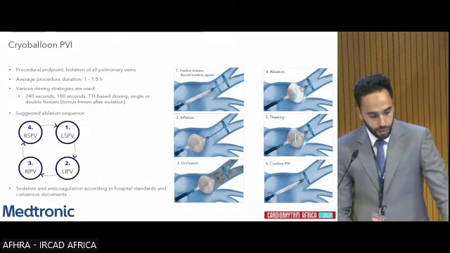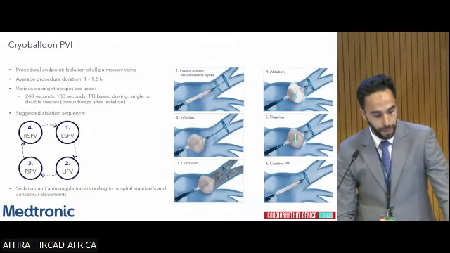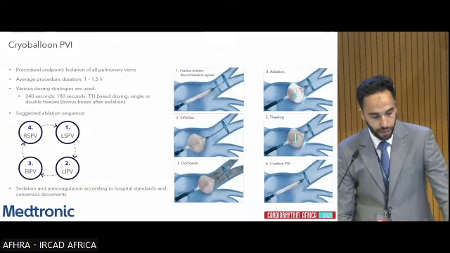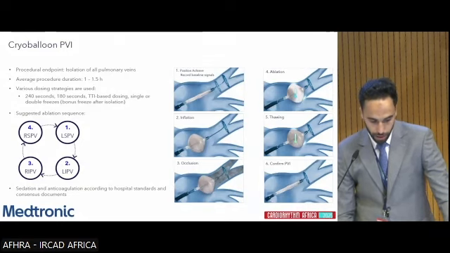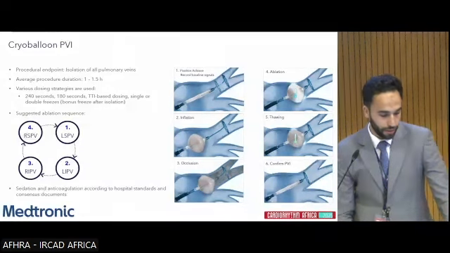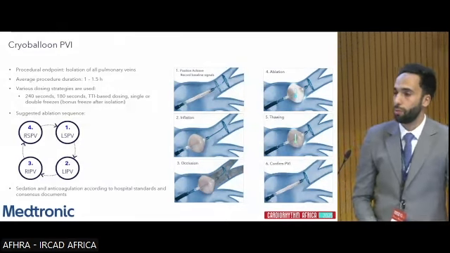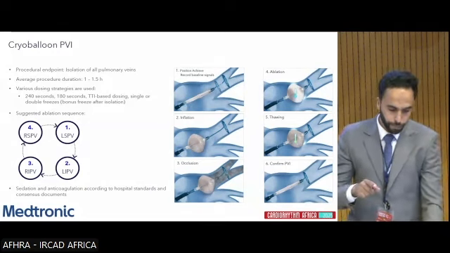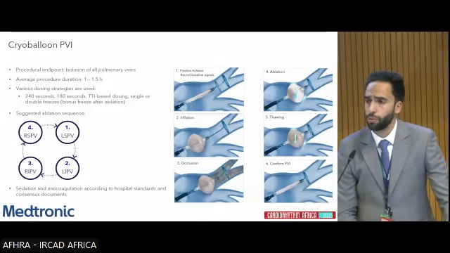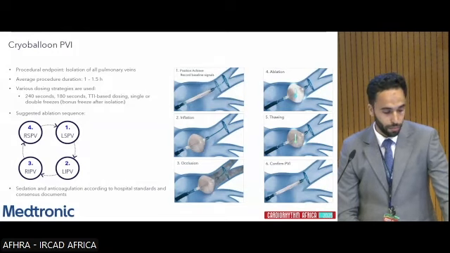Various dosing strategies are used: 4 minutes or 3 minutes time-to-isolation based dosing, single or double freezing, and bonus freeze after isolation. The suggested ablation sequence starts from the left superior pulmonary vein to the left inferior pulmonary vein, clockwise to the right inferior pulmonary vein, and the last one is the right superior pulmonary vein.